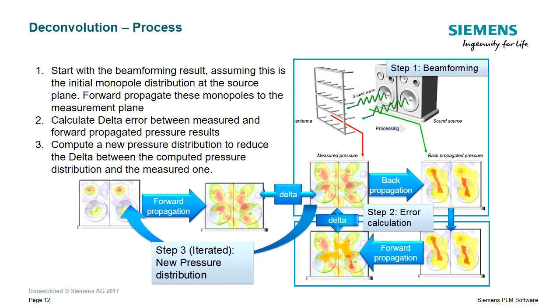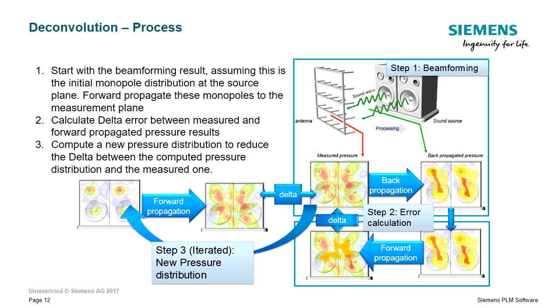The deconvolution works more or less as follows. First, we measure the sound with a microphone array and we calculate a beamforming result, just as we did before. Taking a look at these beamforming results, we assume that at all the hotspots in this beamforming picture, there are monopole sources. Those monopole sources generate a sound field.